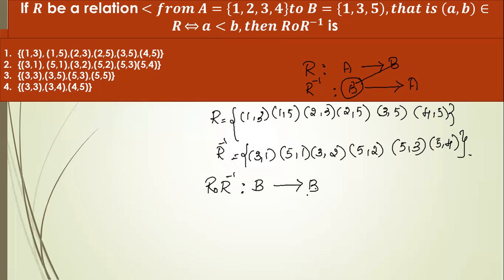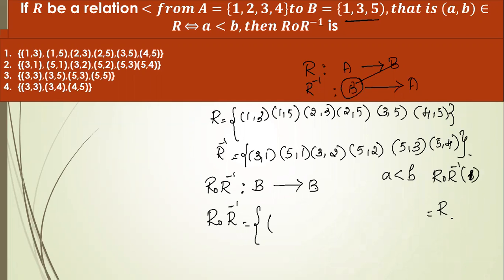So it comes from B to B. Again, the relation is A less than B. What are the elements in B? 1, 3, 5. Okay. So how do the ordered pairs go? R composition R inverse of 1 is R of R inverse of 1.